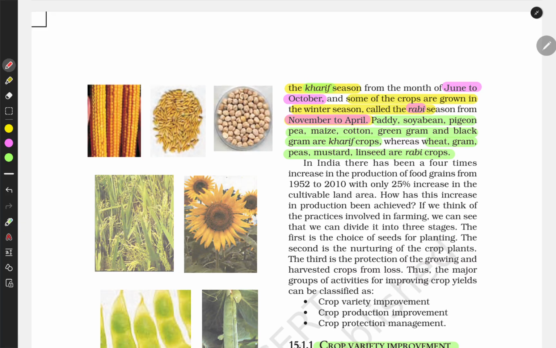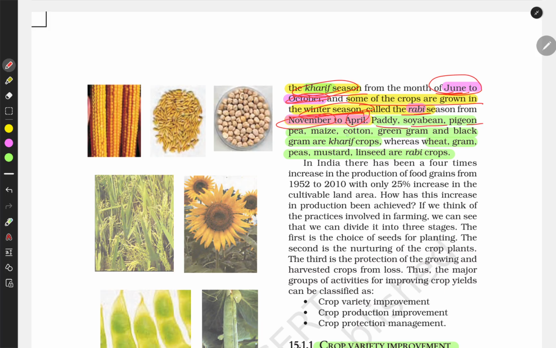Crops grown in the rainy monsoon season are called kharif crops, which are sown in June and harvested around October. Crops grown in the winter season are called rabi crops, sown around November and harvested around April.